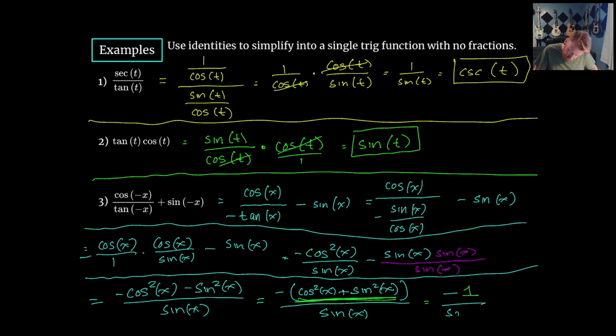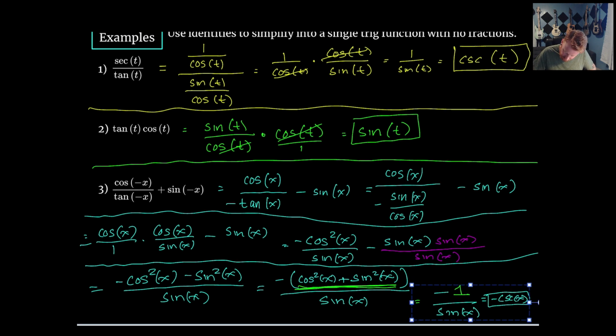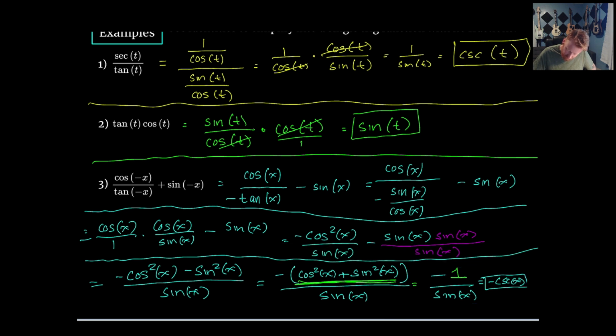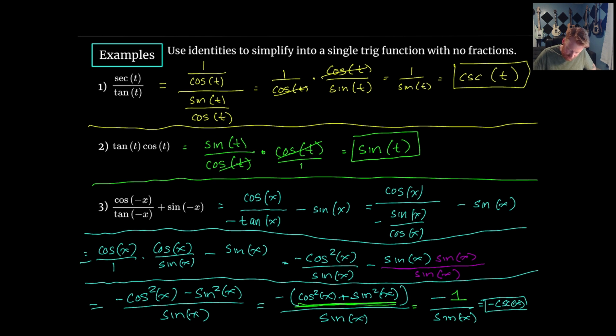This is still over the sine of x, but this tells us that we've got the negative cosecant of x. So there we go. That one took a lot more work, a lot more identities to get there, but we got it down to a single trig identity. Maybe I write the answer a little bit cleaner, but we've got it now: negative cosecant of x.